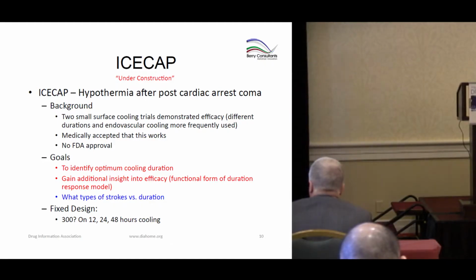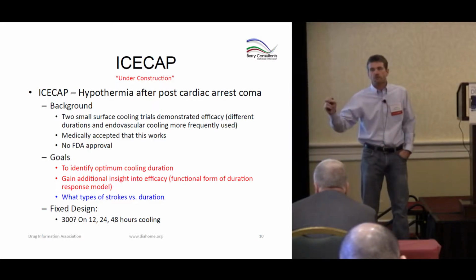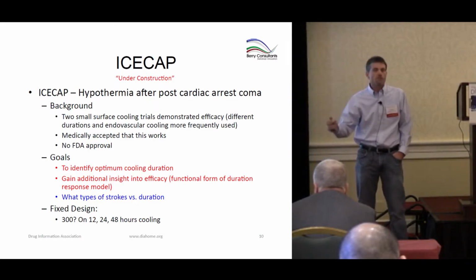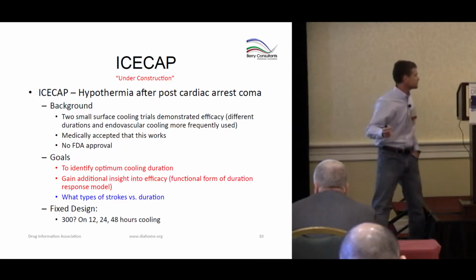And then later, through the process of simulation, and I'll talk about what came out of this, different cardiac arrests may bring about different needs for duration of cooling. So there may be a population effect to this.